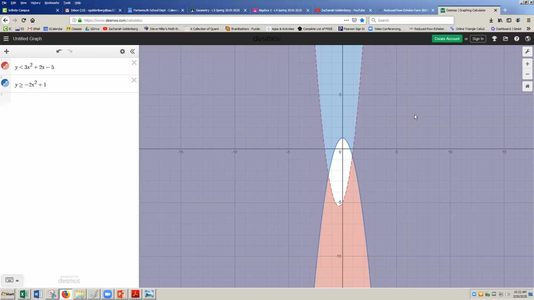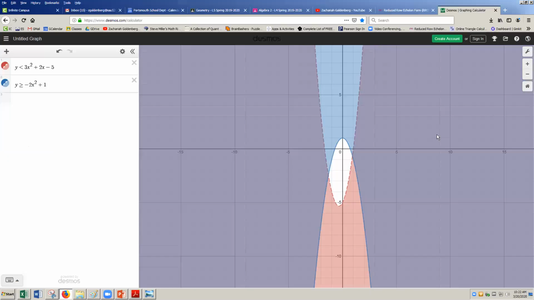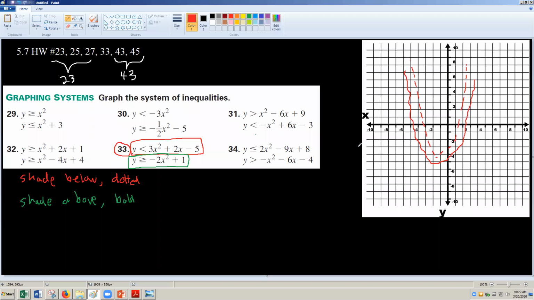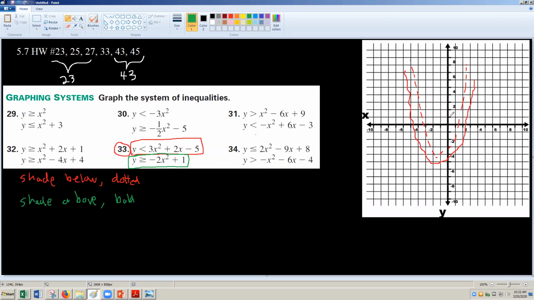The first thing I would do is my little wiggle shading underneath, just to note that I'm below this thing. Then for the blue, which was green here, so I'll do it in green, I'm going above this thing. Again, I'm just ballparking what these look like. Don't take this to be accurate. Clearly, it's not my best work. Shading above for this stuff.